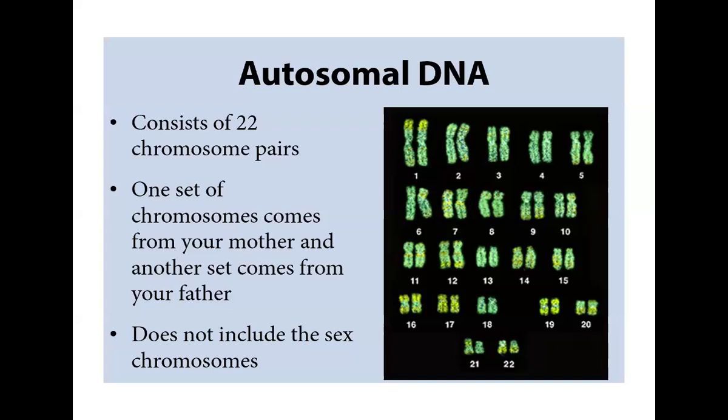It doesn't include the sex chromosomes, which we call the X and the Y. And these autosomes are all involved with making who you are and also different predispositions or avoidance of different diseases and illnesses that might come up. When you have mutations in some of these autosomes, that can actually have a lot of serious health effects for you.